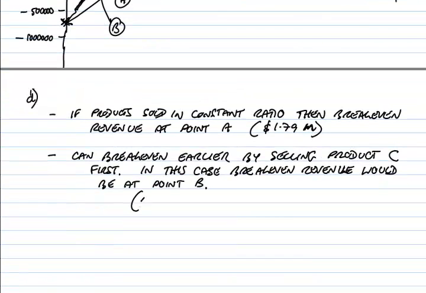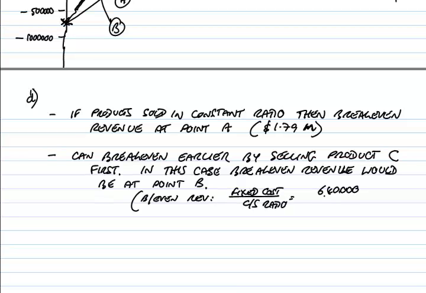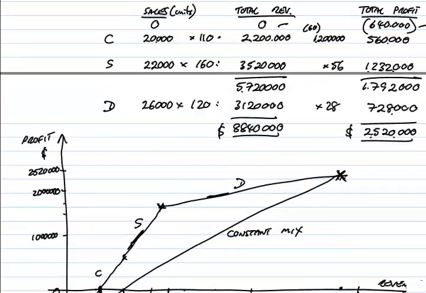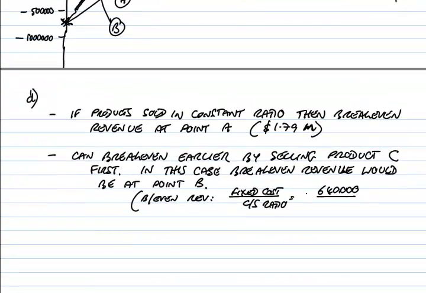And so break-even revenue, as always, is the fixed costs divided by the CS ratio. 640,000 divided by 54.55, which is 1.17 million. I'm not going to be precise.